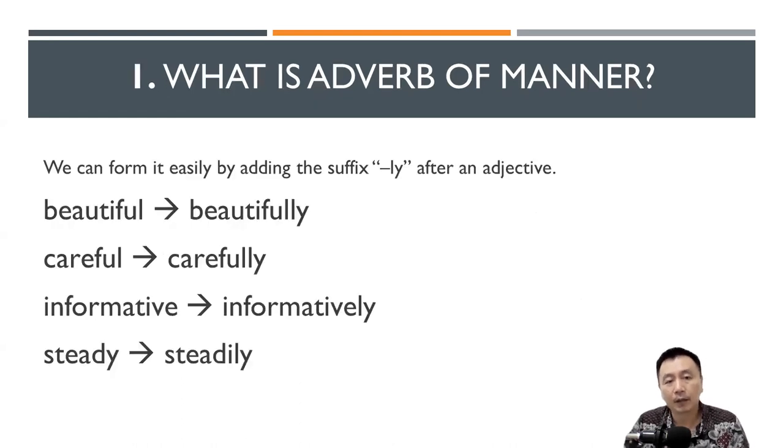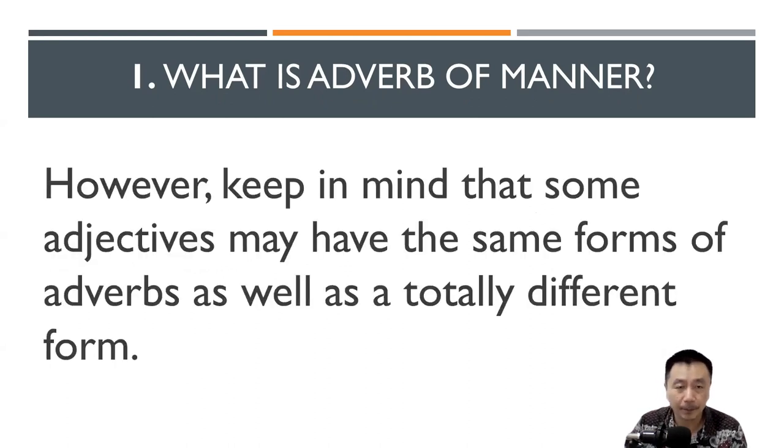Now, these are some examples of the adverb of manner. Yeah, so beautiful as adjective, we have beautifully, careful, carefully, informative, informatively, steady, steadily, and still many, many others. Okay, this is important. Keep in mind that some adjectives may have the same form as the adverb, as well as a totally different form.